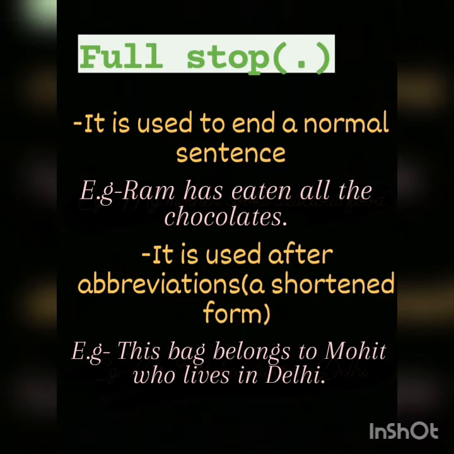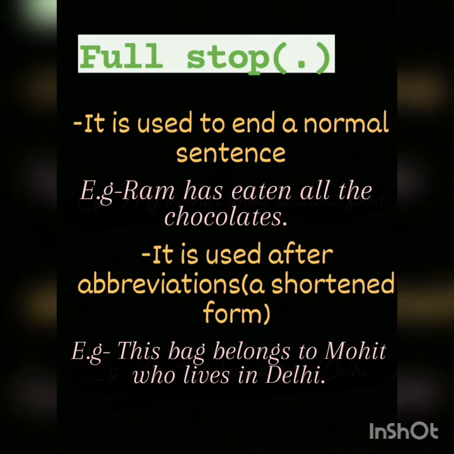And the other use of full stop is for abbreviations. So what are abbreviations? Abbreviations are the shortened form of words. For example, doctor, Mr. There are many words which are in abbreviated forms. Just have a look at the example now.